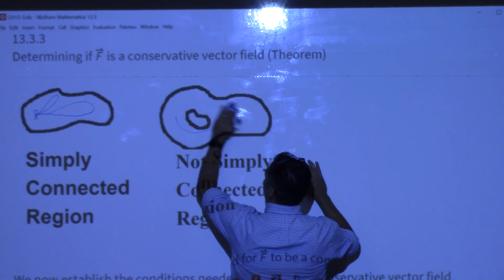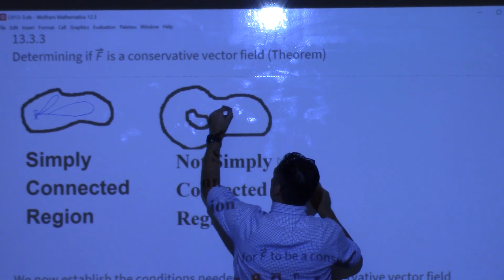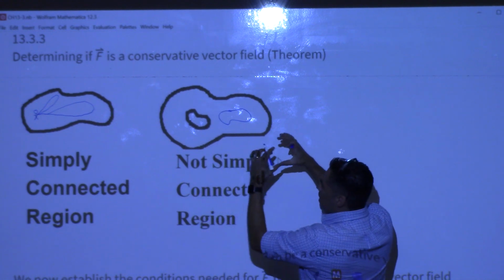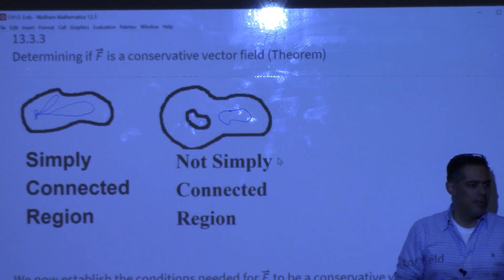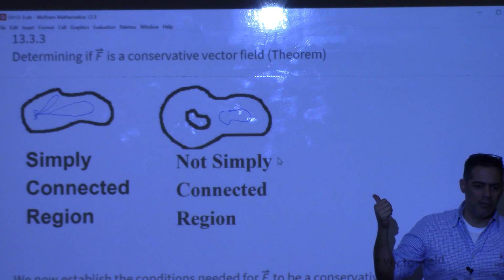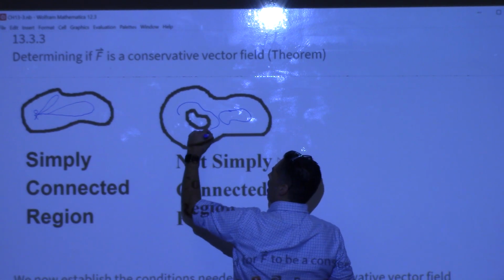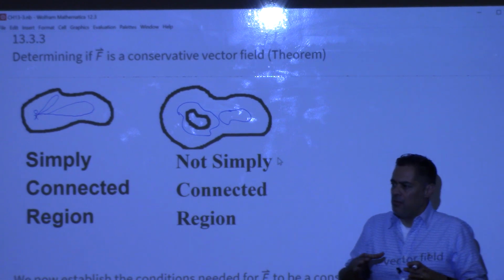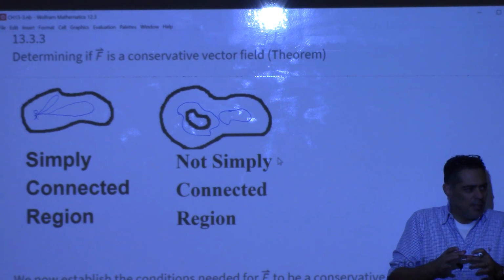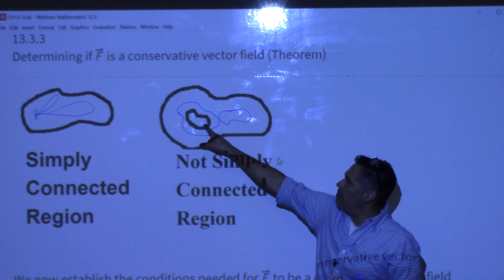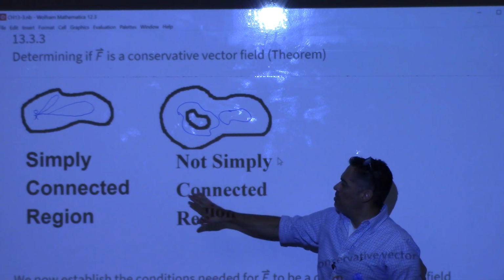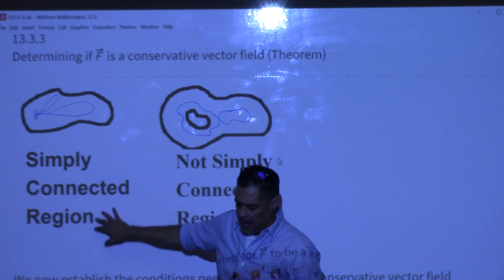Draw any rubber band you want in here and imagine shrinking it down to a point. Do you ever go outside of that region? No, you're always within that region. But if I draw this one and try to shrink it down to a point, what happens? You're going to have to go through this empty hole. So not simply connected, simply connected.